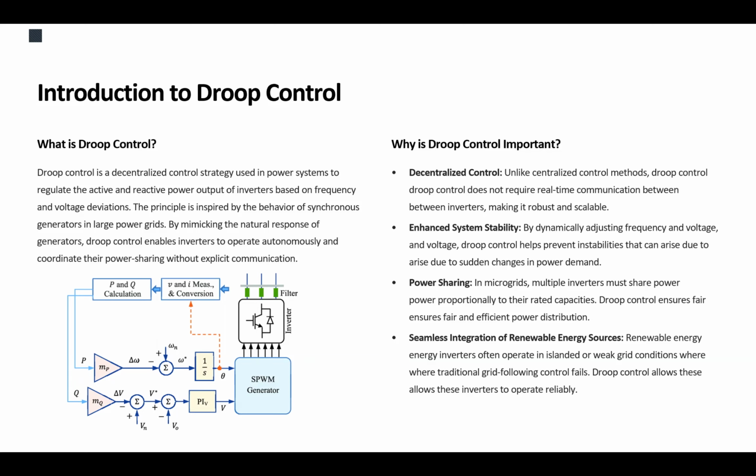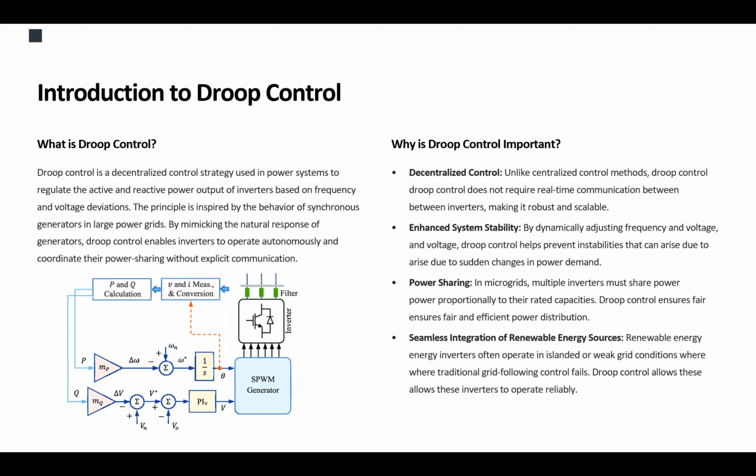Now, in droop control, we want a decentralized control system, which is another way to say we don't rely on the grid. We are going to work as an independent entity in the system. Make sense? So they are decentralized, and they enhance the stability of the system.